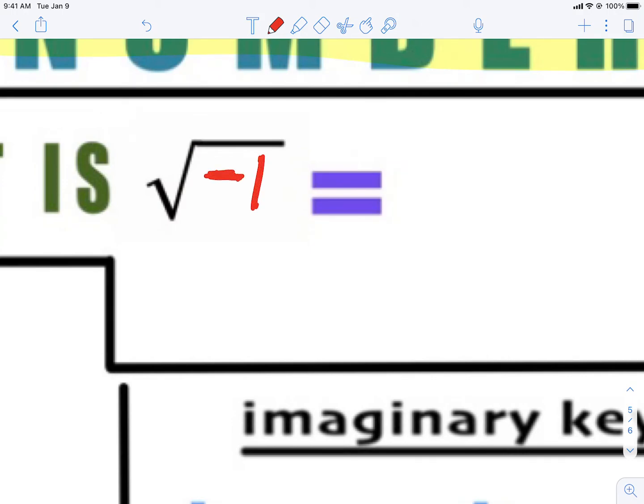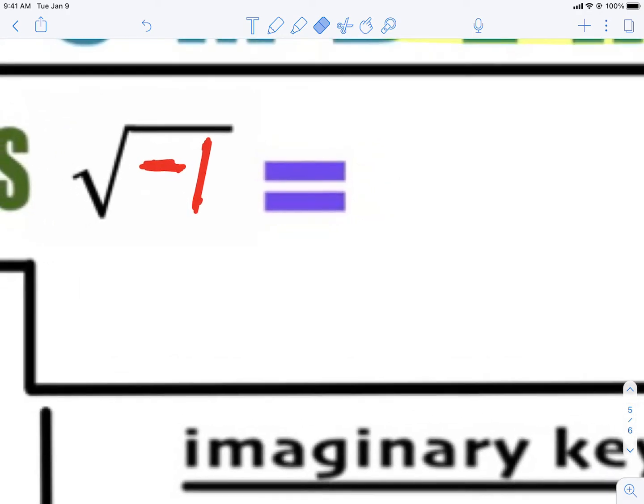What is the square root of negative 1? I want you to think about that. You're probably thinking negative 1. So let's try. Negative 1 times negative 1 gives you positive 1. So nope, that's not it.